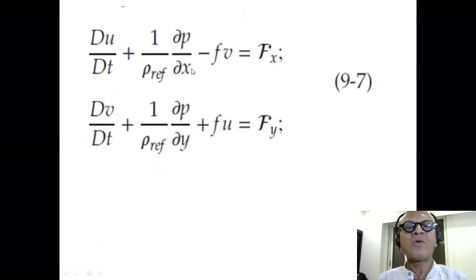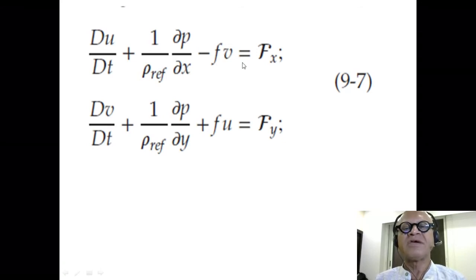And looking at our equations of motion, we had written it as du dt plus 1 over rho ref dp dx minus fv equals the friction. This is the big difference compared to the atmosphere. We can assume density to be constant, an incompressible ocean, in these particular terms.